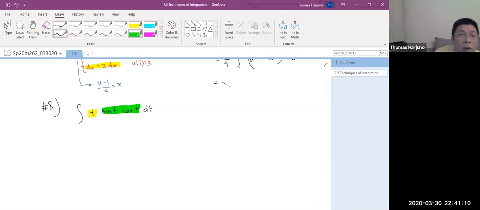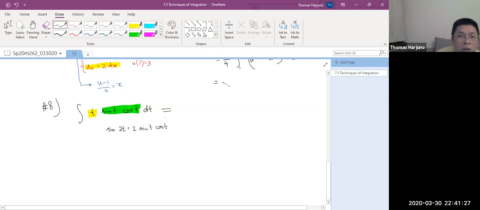I will rewrite this sine t cosine t. We know sine 2t is equal to 2 sine t cosine t. Right?